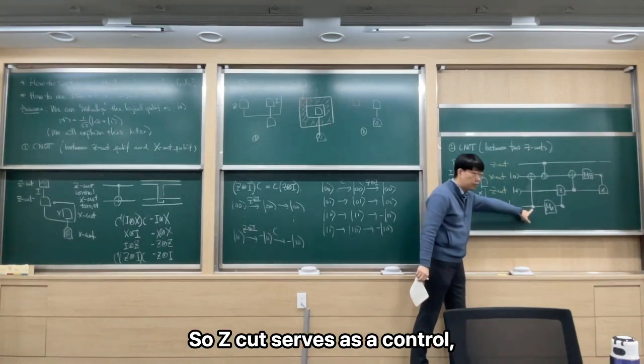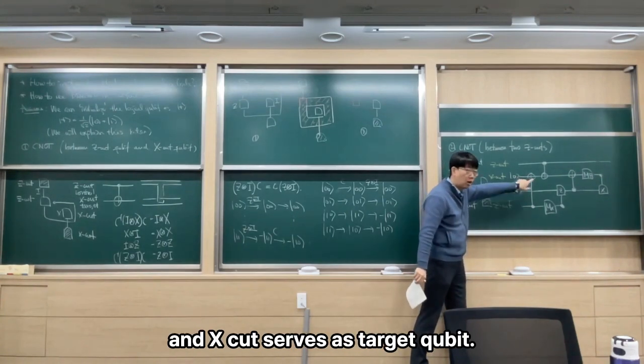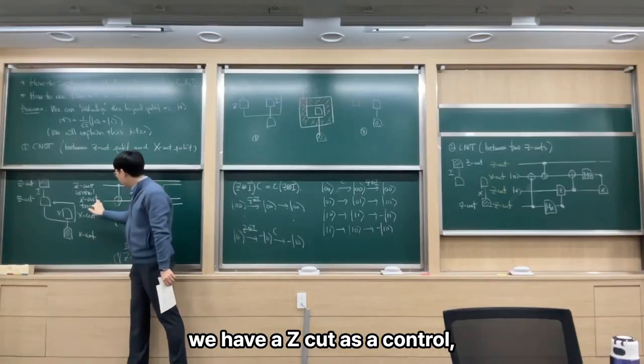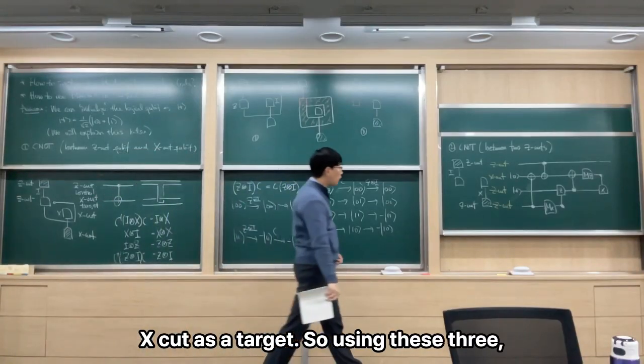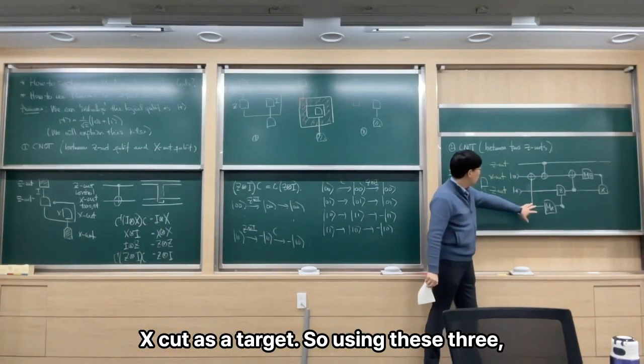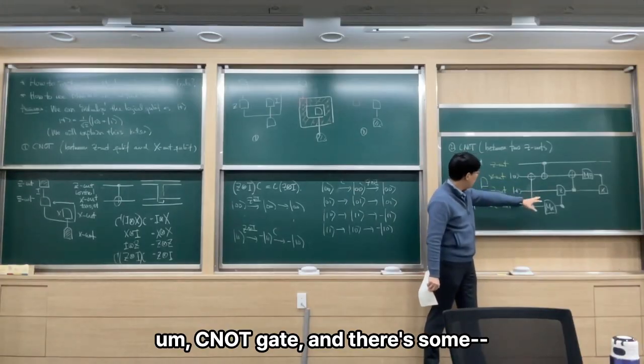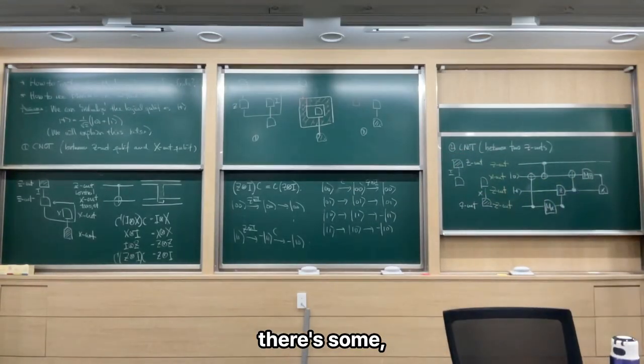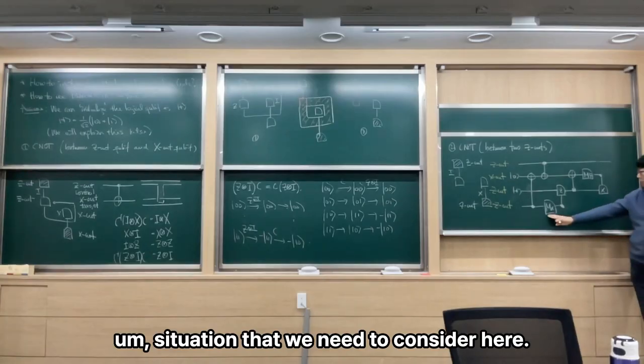The Z cut serves as the control and the X cut serves as the target qubit. So it's exactly like this situation: a Z cut as control, an X cut as target. Using these 3 CNOT gates, there's some situation that we need to consider here.